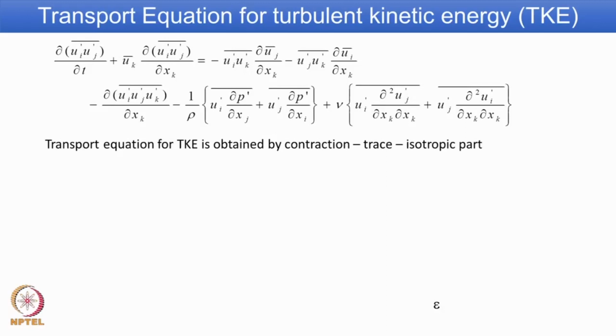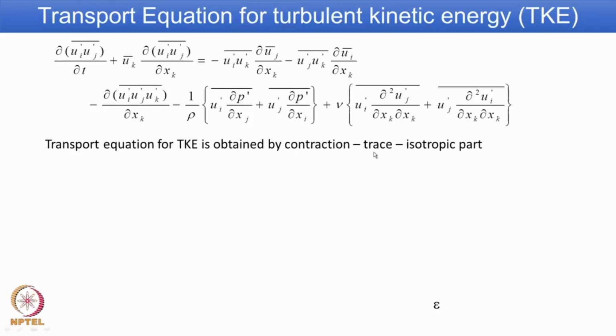So, we get one equation for each normal stress term. For example, if we substitute i equal to 1 and j equal to 1, it becomes first normal stress, i equal to 2, j equal to 2, we get second normal stress, i equal to 3, j equal to 3, we get third normal stress, and you follow that for all the terms, then you get an equation for each normal stress.